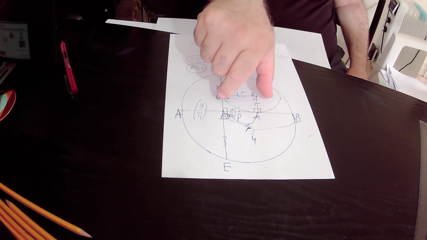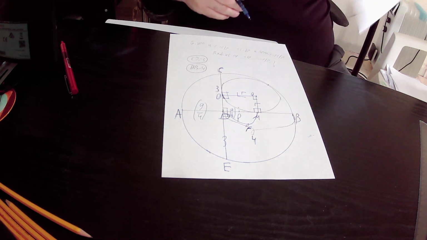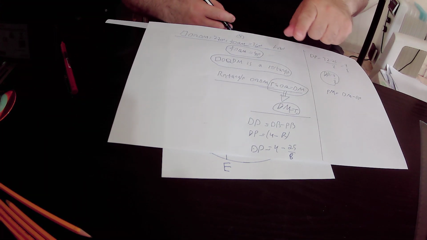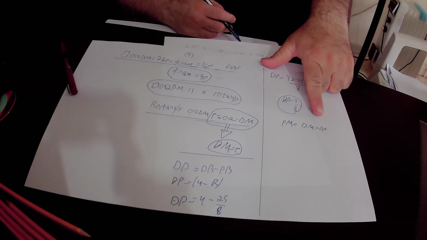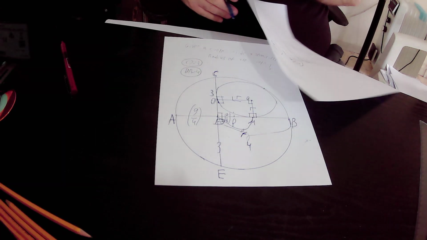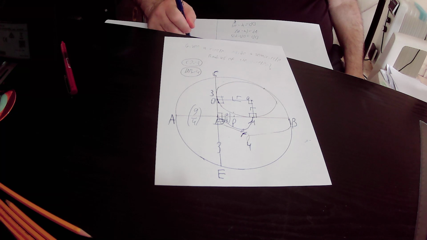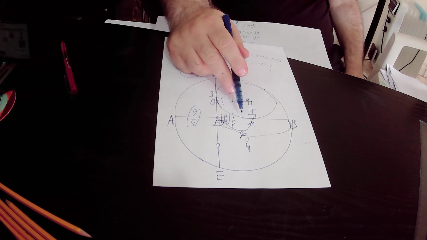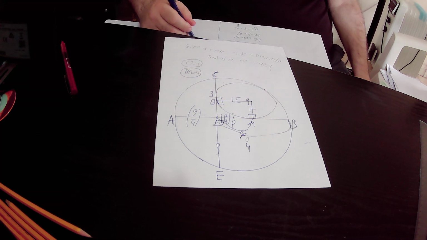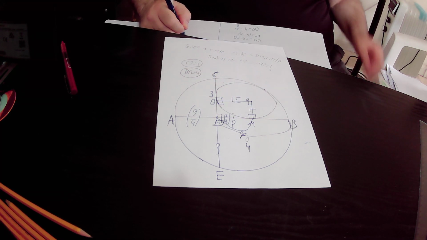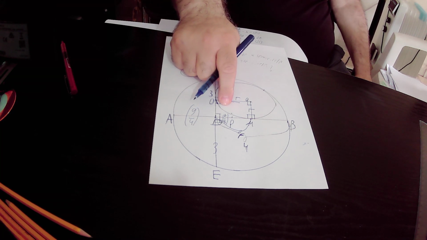PM equals DM minus DP. That is to say, PM equals DM, which equals small r, according to what we have already found out. So we will substitute DM by small r, minus DP. DP equals 7/8.